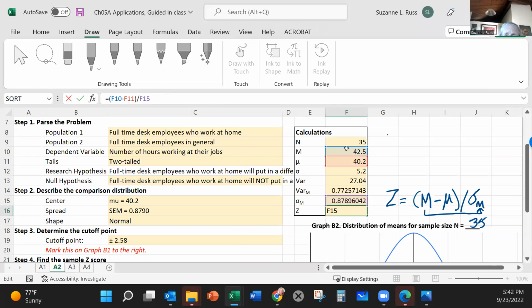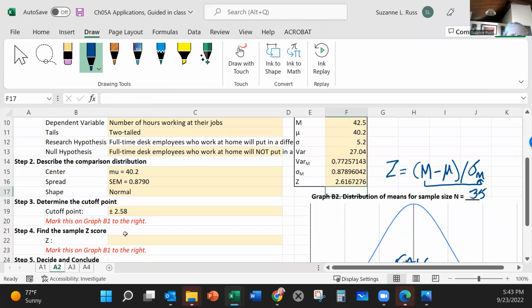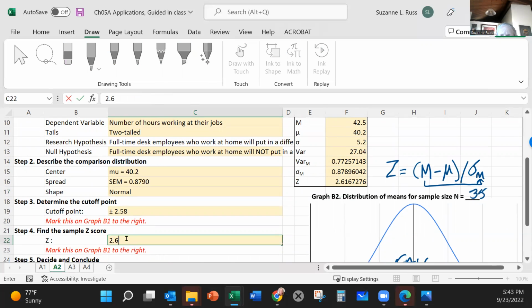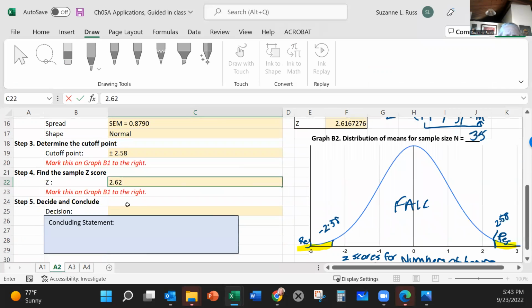The blue is M, the red is mu, and SEM is the purple. And so that is a correct answer. So Z equals 2.62. And then it says in red, mark this on the graph.